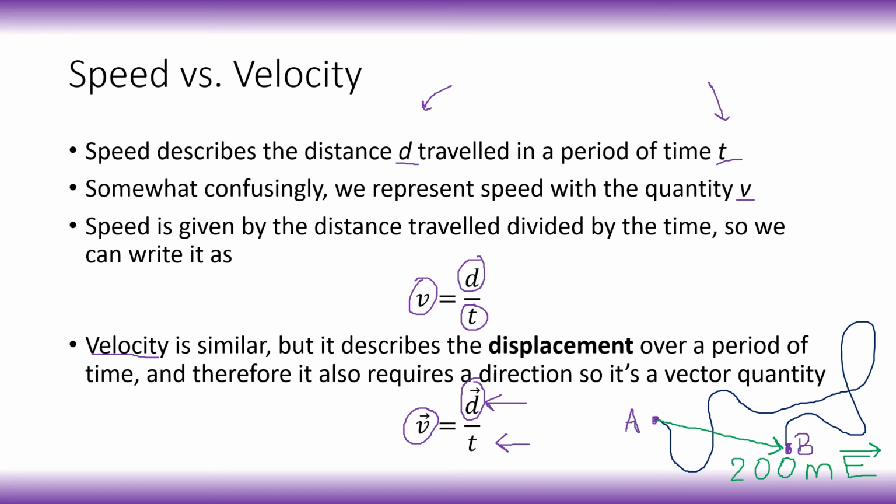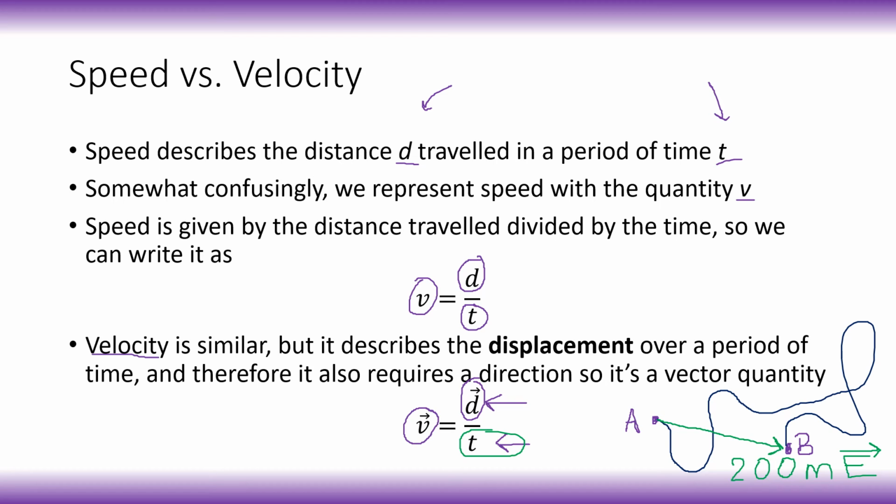So that could be your displacement, but to get your velocity, you have to divide it by the time it took for you to get there. So even if it's only a distance of 200 meters, if you took a really roundabout route to get there, maybe it took you a couple of hours to actually end up at your friend's house.